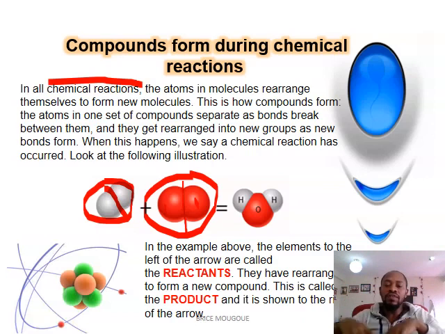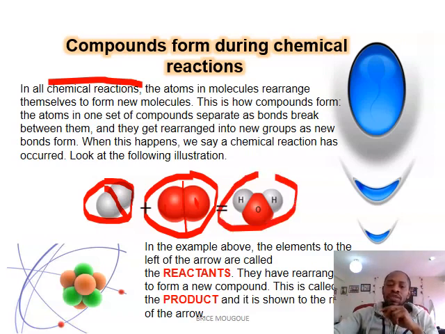And the arrangement they finally come up with will then determine the specific property of that compound. If they then rearrange themselves, I'm here having hydrogen, oxygen. If the rearrangement makes them behave such that they want one atom of oxygen to combine with 2 atoms of hydrogen, then my result will be water, and water has its own specific property.